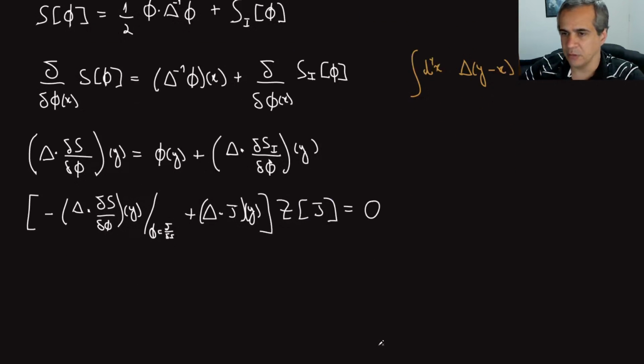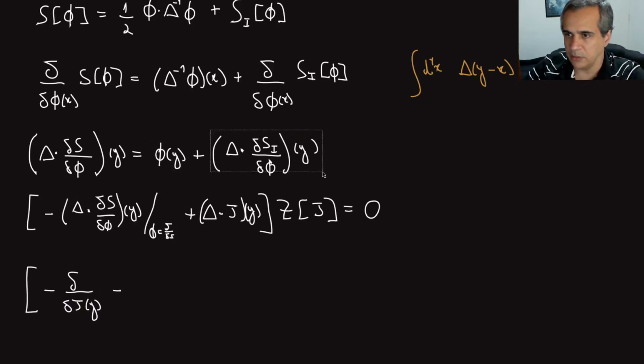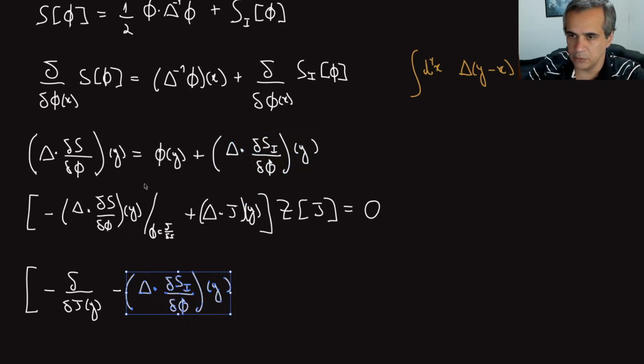So now I'll just replace this expression here. On this right hand side, I need to replace phi by del j. So the first, and don't forget this minus sign, so there will be minus del j of y, this first part. The second one is minus this thing under this exchange, goes here, plus this part.